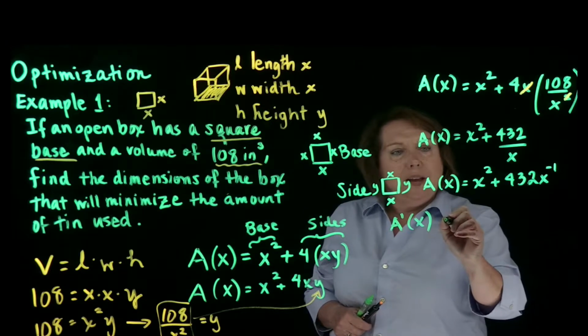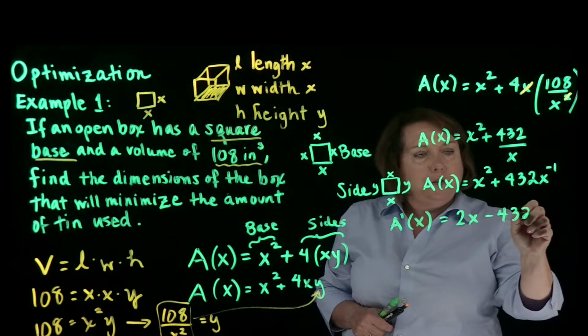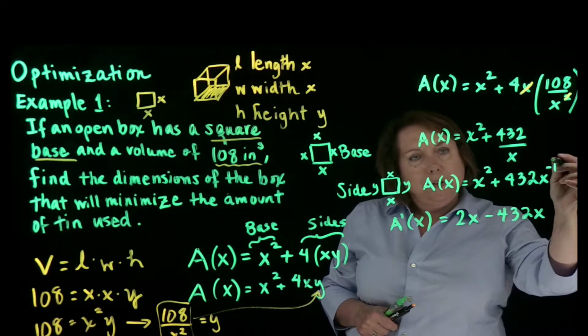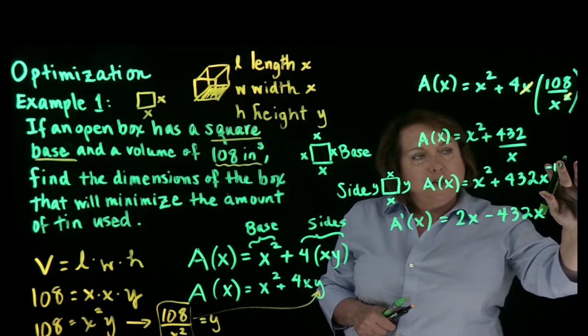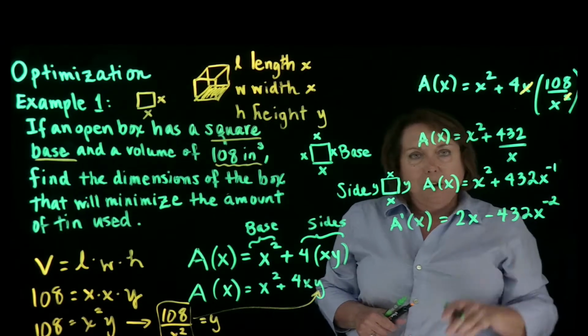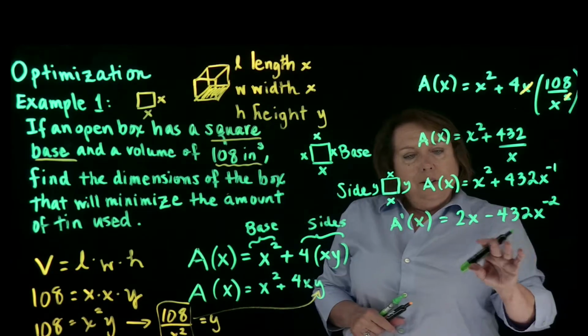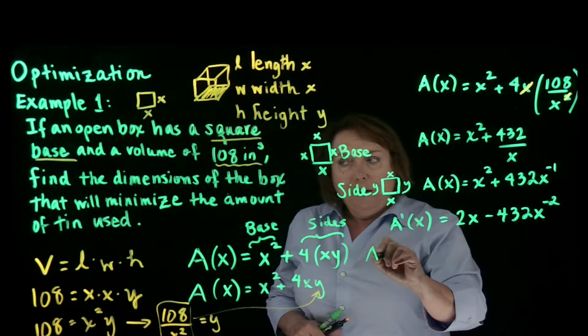All right, so then we'll have 2x minus 432x, and then what happens here to the -2, because we always subtract 1 using our power rule for derivatives. So what do we want to do to minimize?